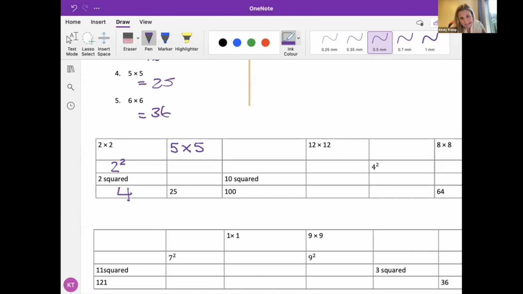I'm not really cheating, let's be honest. I like to use questions that I've used before to answer questions I see later on. So I know that 25 is the same thing as saying 5 times 5, and 5 times 5 is going to be 5 to the power of 2, which is the same thing as saying 5 squared.